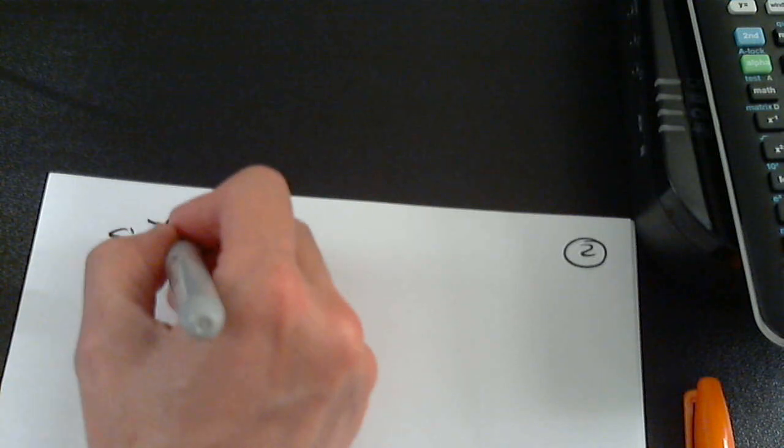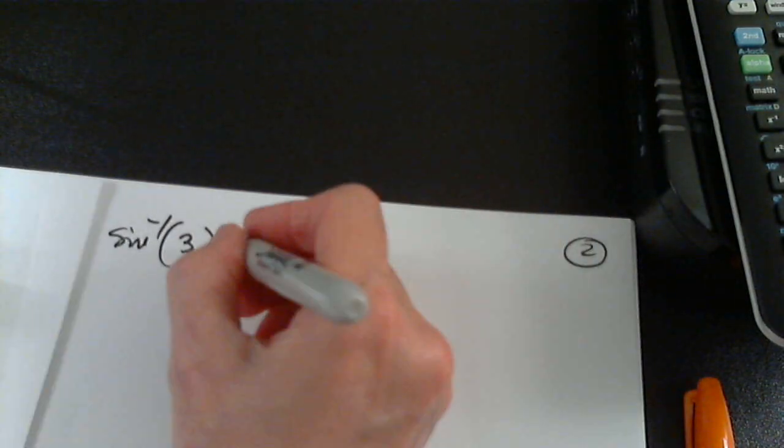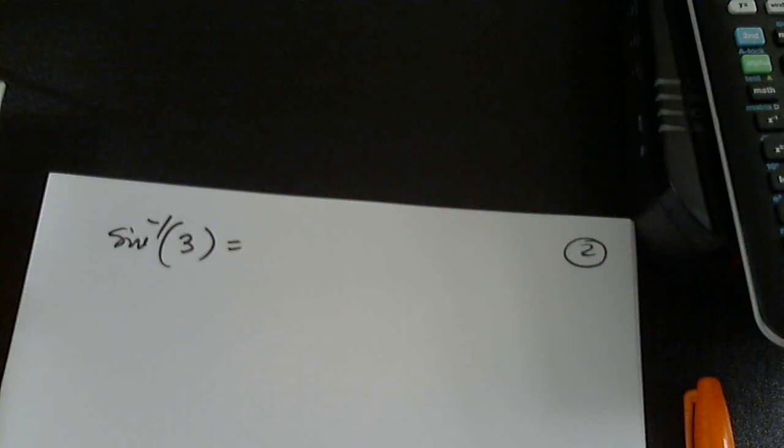So on page 2, what if I ask you to find sine inverse of 3? What will you say? Sine inverse of 3. What will you say? Anyone, please, just say something.